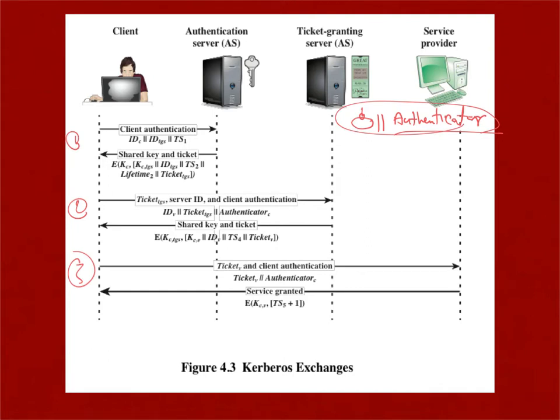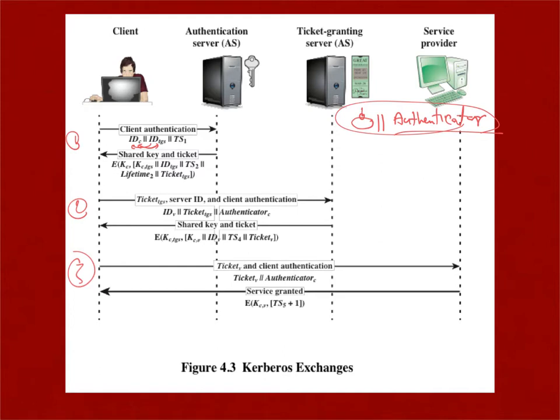So here, I like to make it the same, but I like to replace those. I like to start with ID TGS, which is the ticket granting server. So the first request you send to which server? AS. To AS.